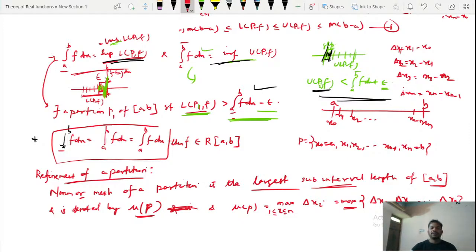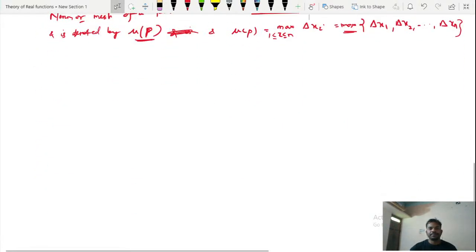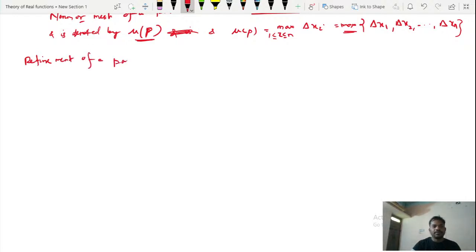Now we come to the refinement of a partition.